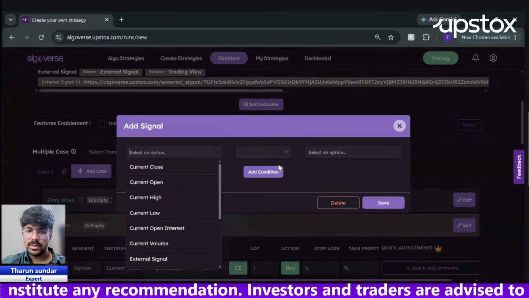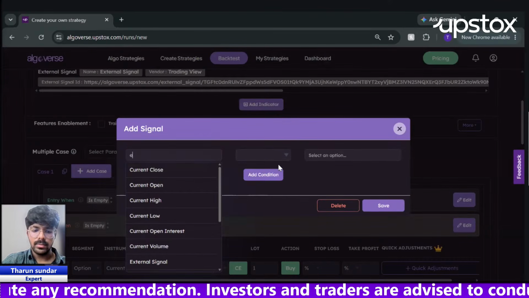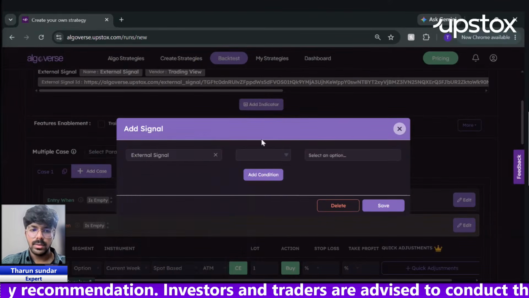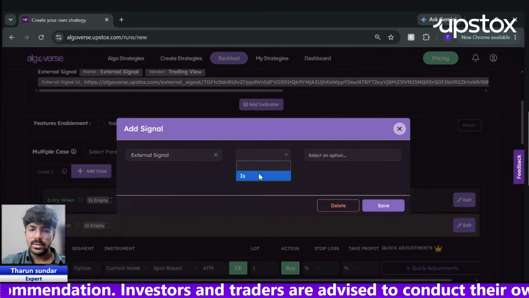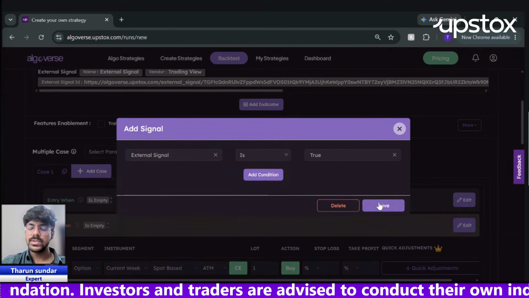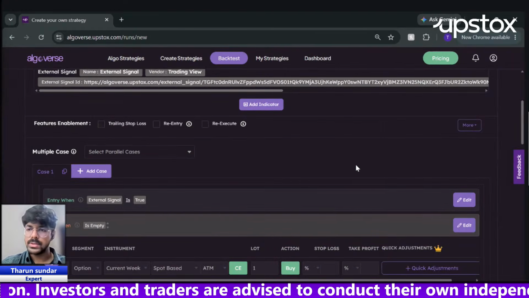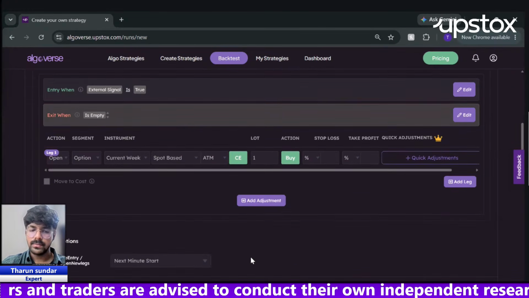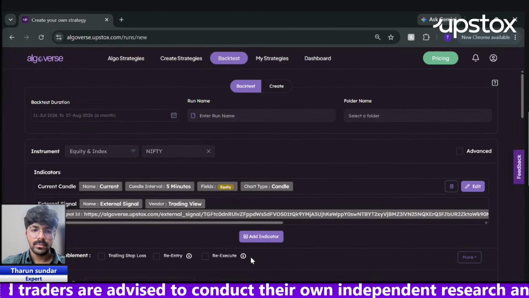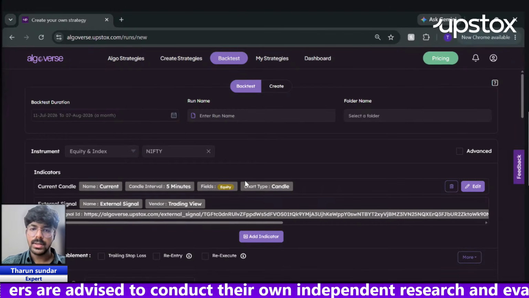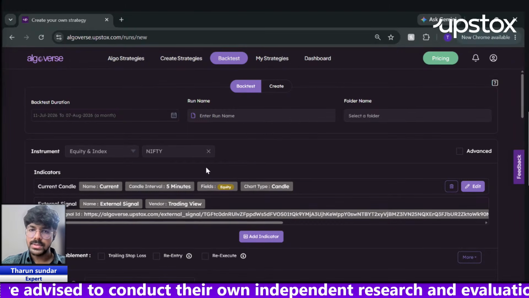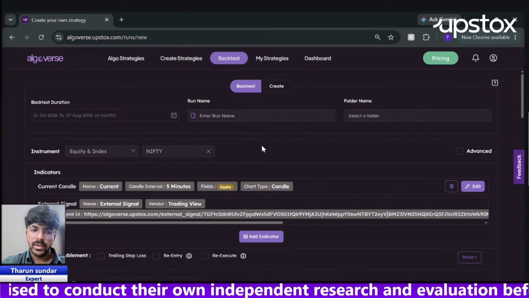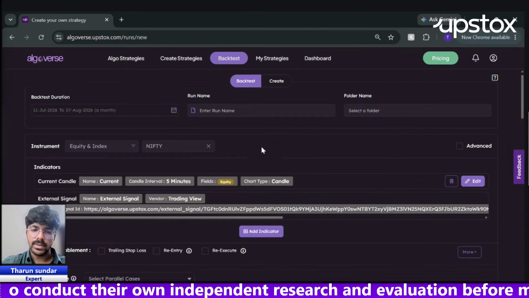After pasting it there, you can come and configure here external signal is true. So whenever that particular trading indicator generates an alert, here I can trade it. It's as simple as that. But we cannot do backtesting with this. We can only do automatic trades with this.